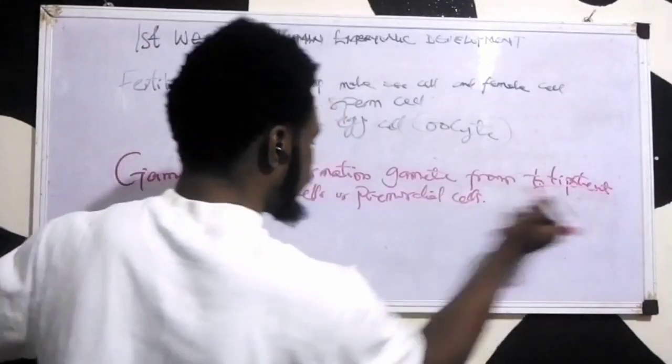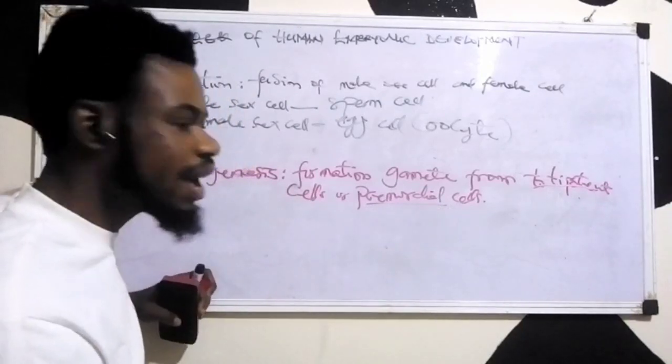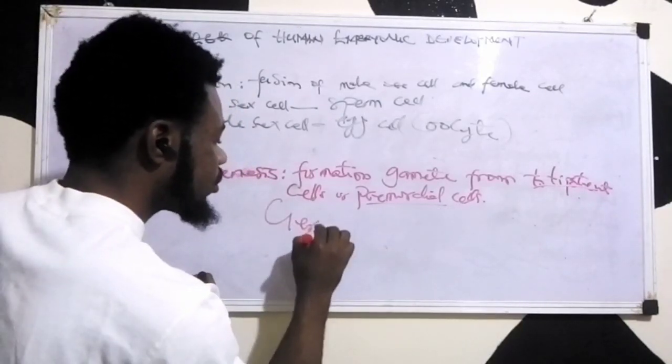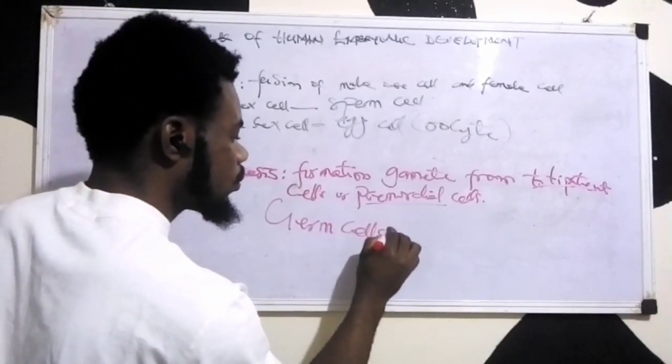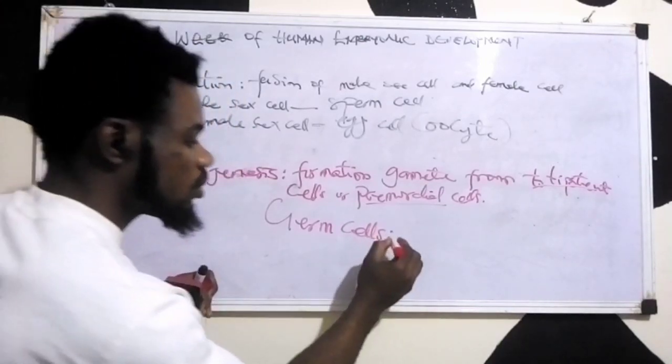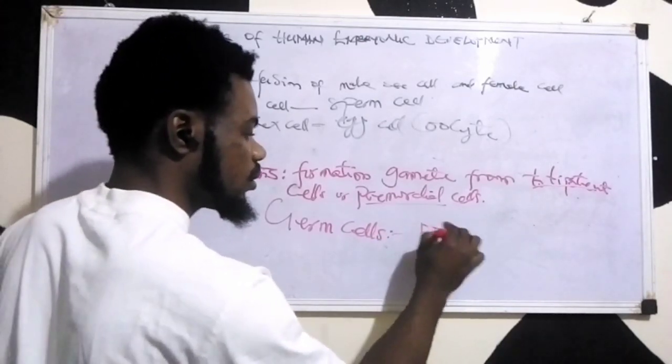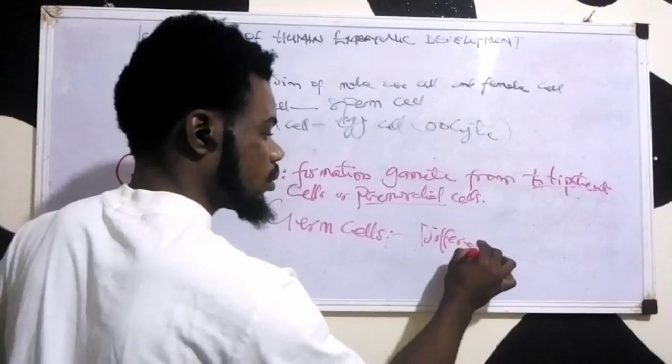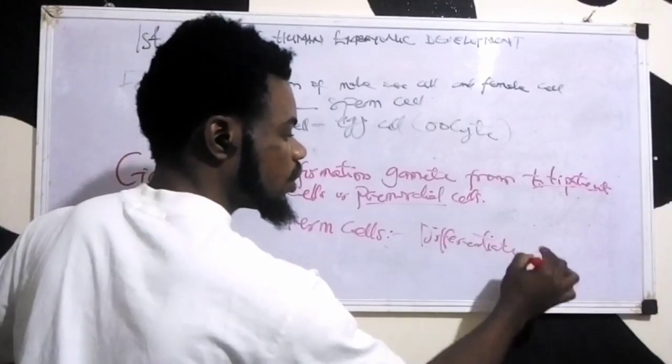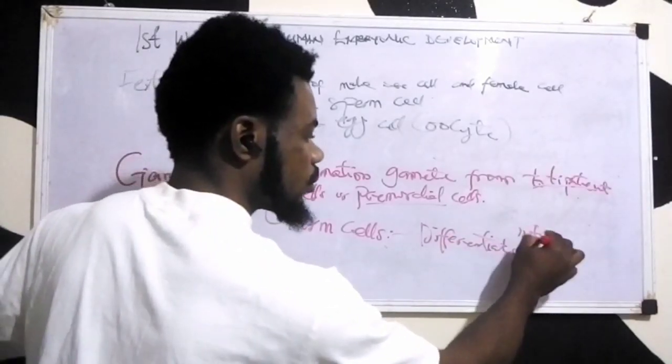Now, these totipotent cells or primordial cells are actually germ cells because they differentiate into other cells.